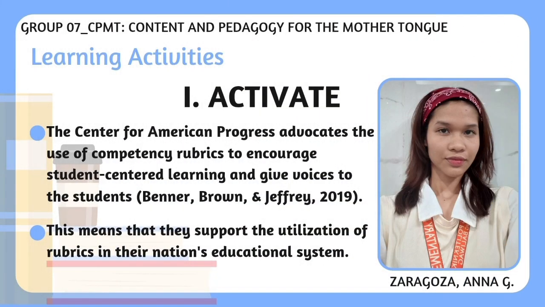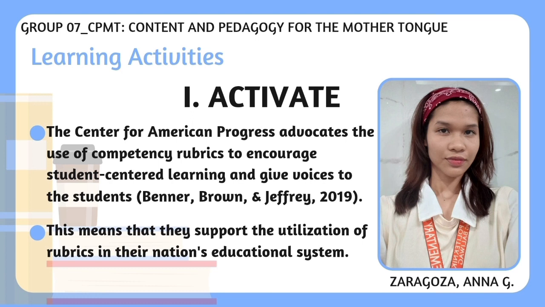According to Benner, Brown, and Jeffrey, using competency rubrics in education, as advocated by the Center for American Progress, involves creating assessment tools that outline specific skills or competencies learners are expected to demonstrate.